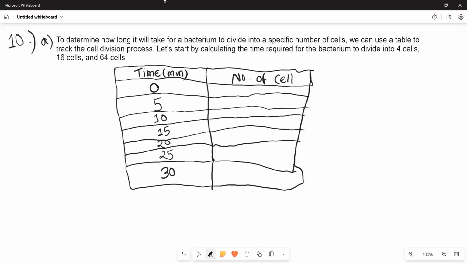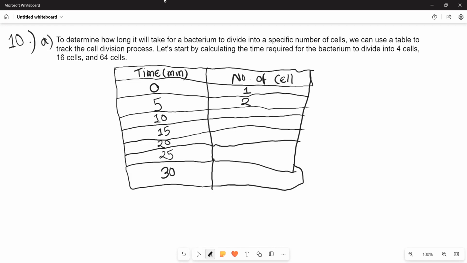Okay. So come to the whiteboard. At zero minutes, the number of cells is one, right? So again in 5 minutes it becomes two. Why two? Because the question has mentioned that in every 5 minutes it splits into two.